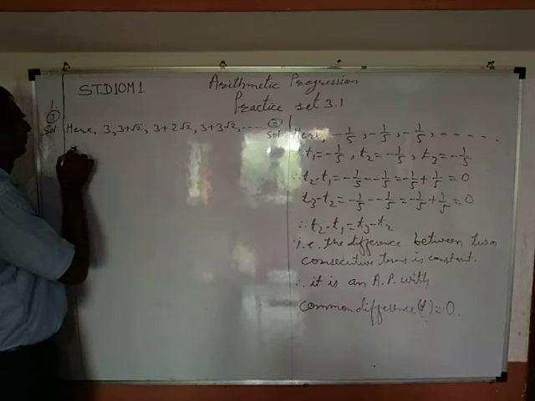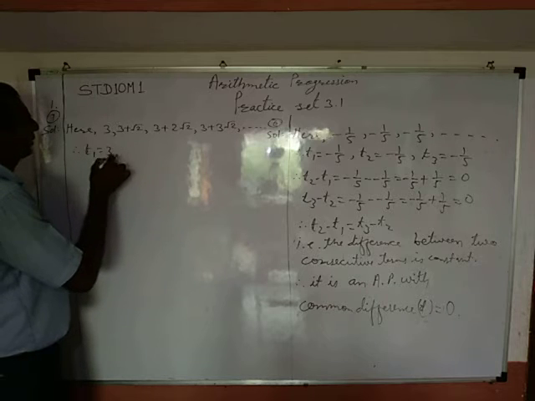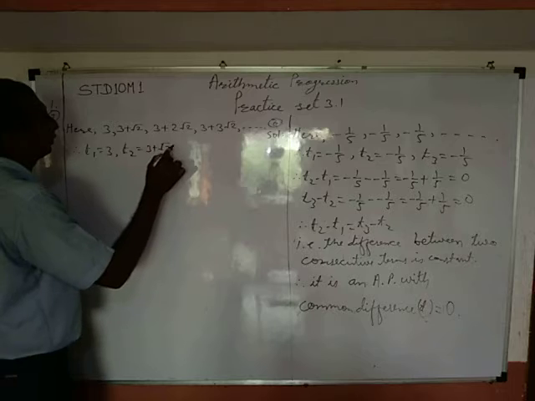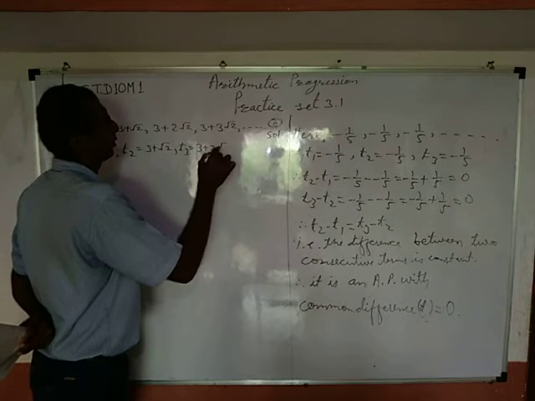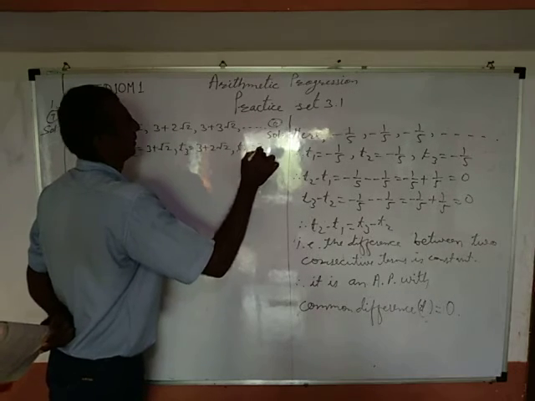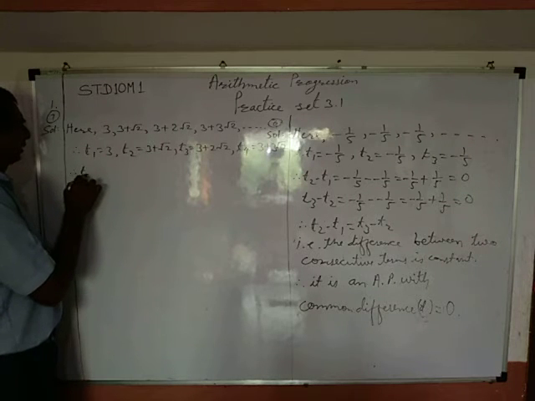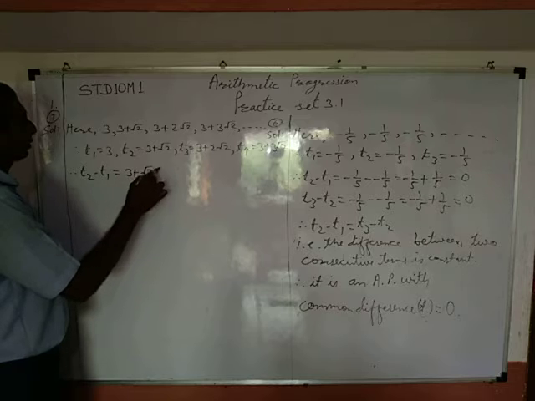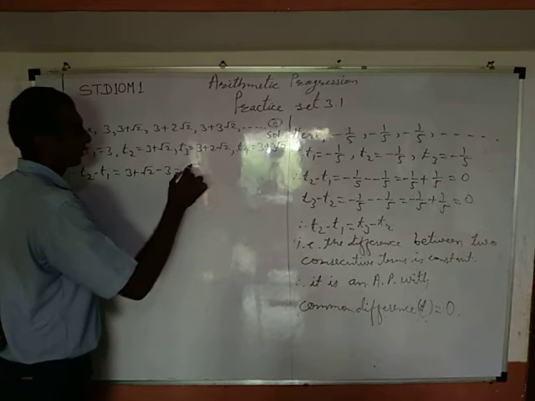Therefore T1 equals 3, T2 equals 3 plus root 2, T3 equals 3 plus 2 root 2, T4 equals 3 plus 3 root 2. And therefore T2 minus T1 equals 3 plus root 2 minus 3 equals root 2.